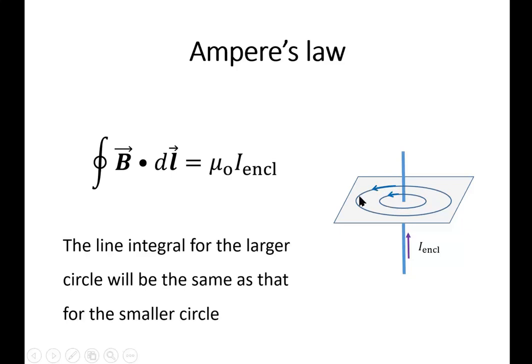It will be the same as doing so for the bigger circle. So it doesn't matter the radius. Whatever you do, it will be equal to the current enclosed in it multiplied by the permeability of free space.